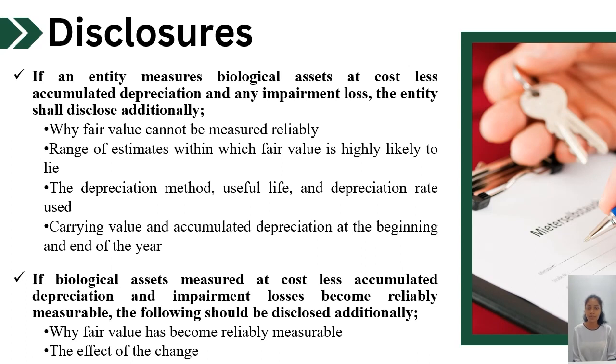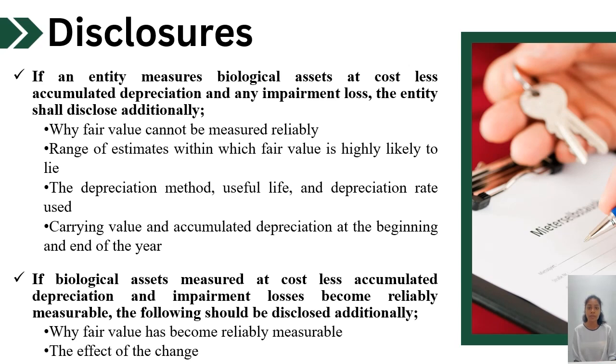The first one is why fair value cannot be measured reliably. The second one is the possible range within which the fair value is highly likely to lie. The third one is the depreciation method used, depreciation rate, and useful life. And the last one is the carrying value and accumulated depreciation at the beginning and at the end of the current period.